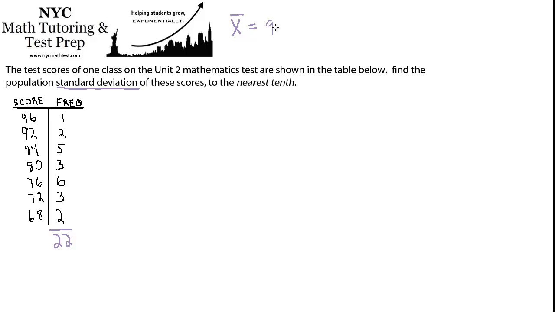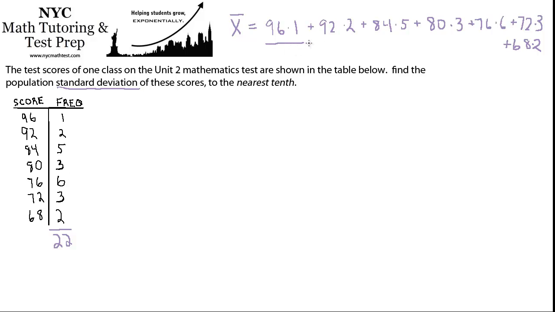And so that will be 96 times 1 plus 92 times 2 plus 84 times 5 plus 80 times 3 plus 76 times 6 plus 72 times 3, and I don't think I'm going to fit this in, so I'll just throw it over here, plus 68 times 2. And all of that gives us the total score. That's our numerator. That's the sum of all of the scores of all the students.